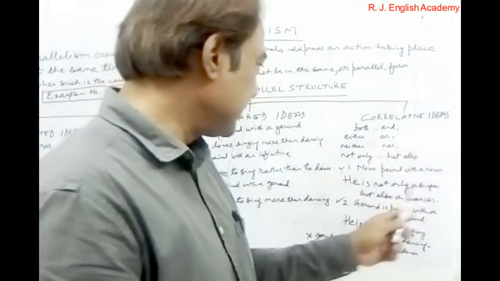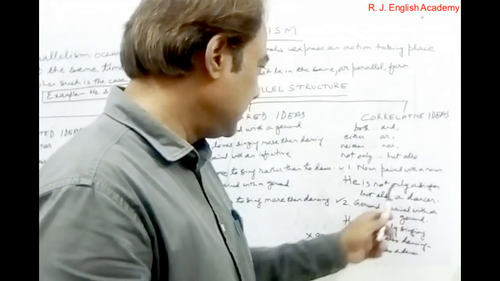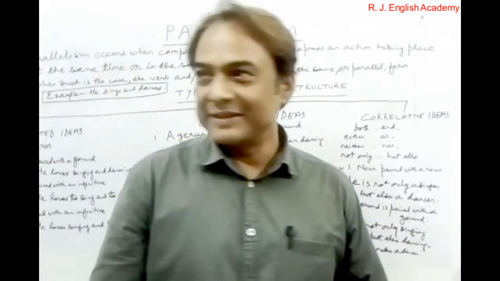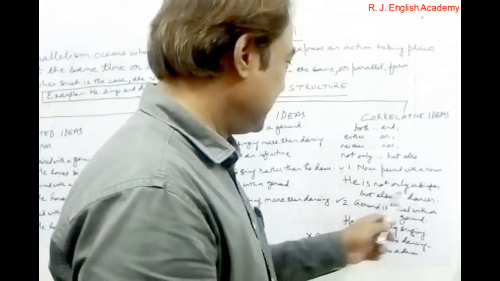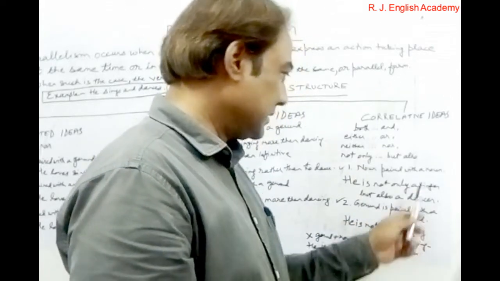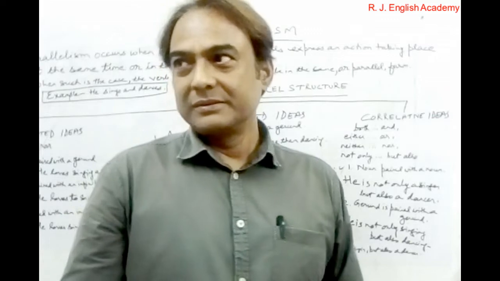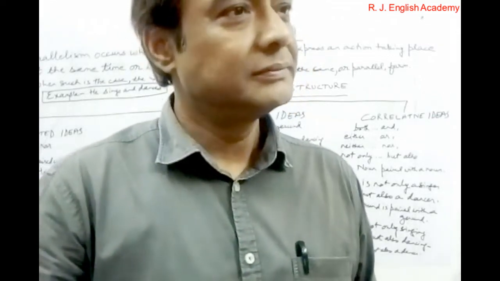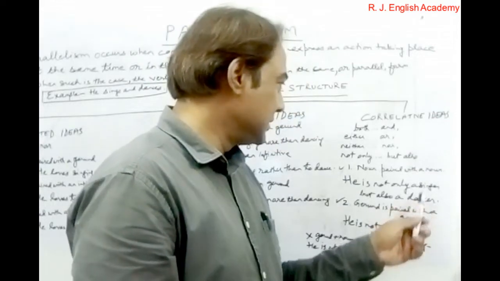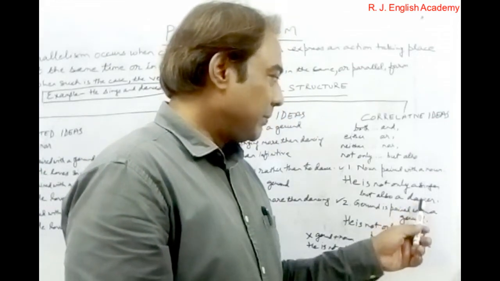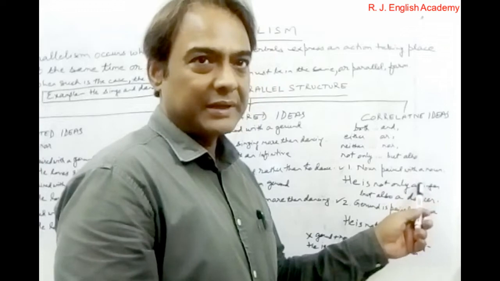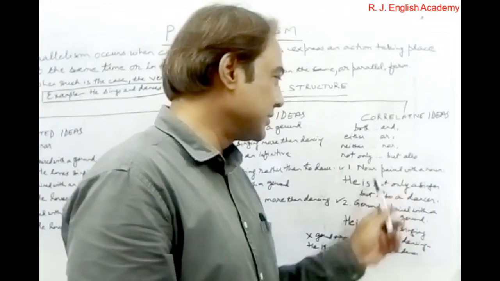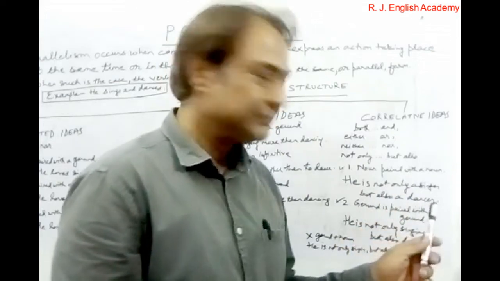The correlative conjunction is not only but also. Singer is a noun, dancer is a noun. So these are parallel forms, joined with a correlative conjunction, not only but also.